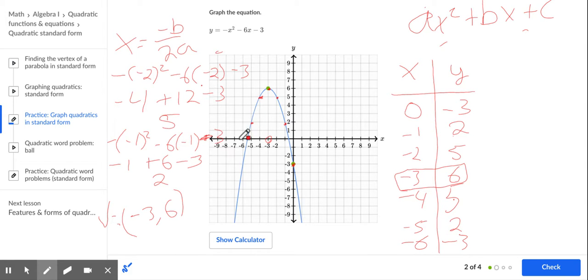And if we want to be thorough, -6, -3. And then I would connect them all with my lovely parabola here, and then put arrows at the bottom. So remember, this is what we would do if we were doing this by hand. So we would connect our dots with the parabola and put arrows at the end, and then we would be done.